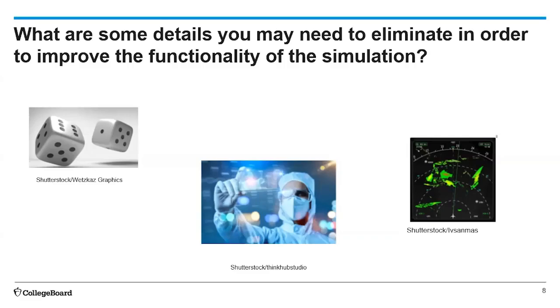It depends on how you're mocking your environment there. A simulation on flight control, airplane control, those are some of the things you may eliminate at that time. You may look at one simulation for functionality of perfect weather. You may look at another simulation of slowing things down if it's rainy or it's snowy.